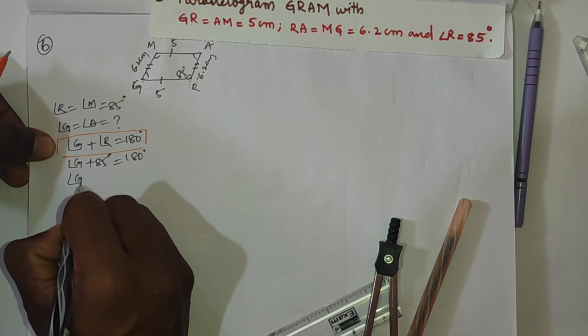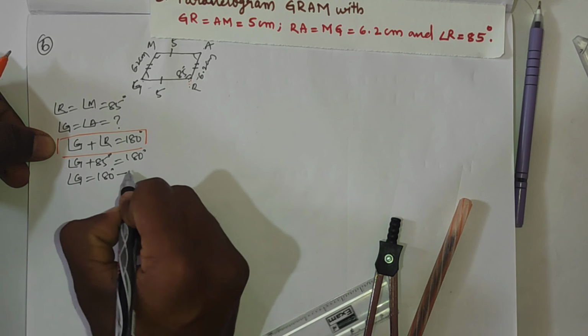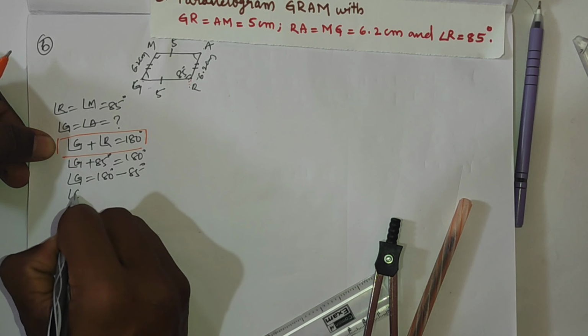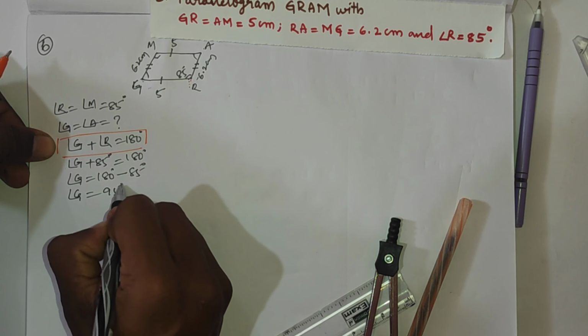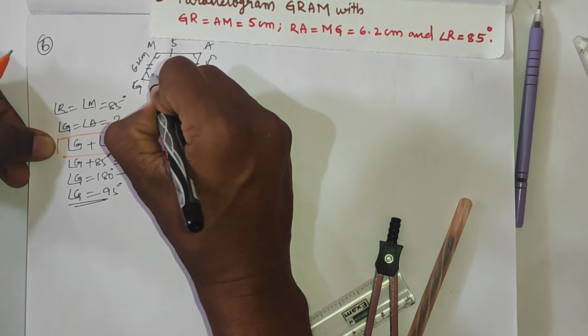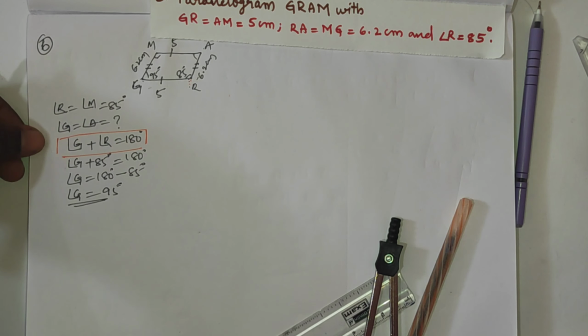This implies angle G is equal to 180 degrees minus 85 degrees, nothing but angle G equals 95 degrees. So this is 95 degrees. Is it clear?